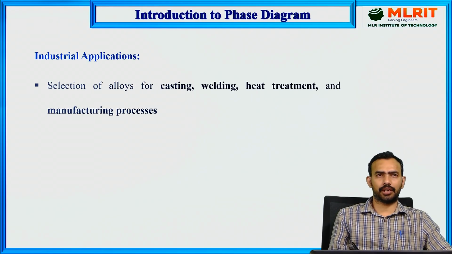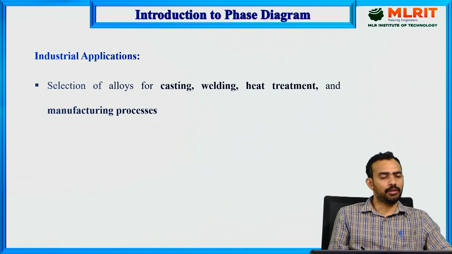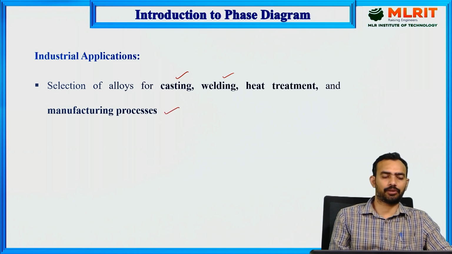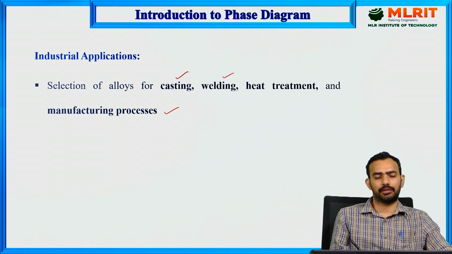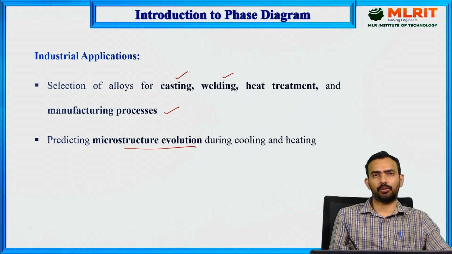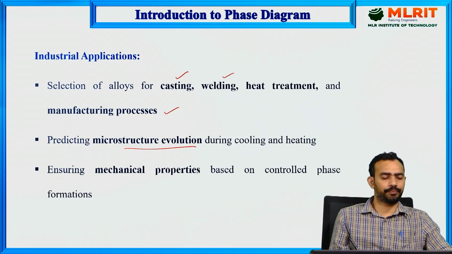What is the industrial relevance here? So the phase diagrams help us in the selection of alloys for casting, welding, heat treatment and other manufacturing processes. Then predicting the microstructure evolution during cooling and heating processes, heat treatment processes, is very much possible.